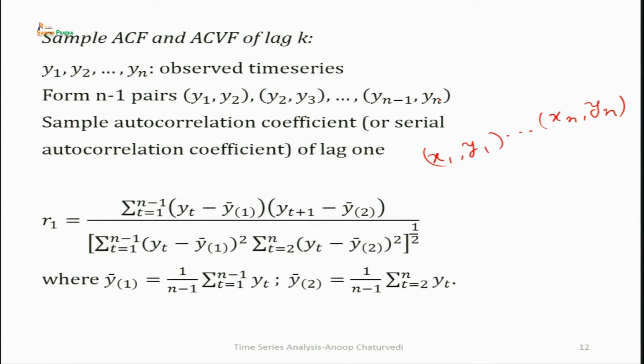So, you simply use the formula for correlation coefficient. You get this formula R1 equal to this quantity. Here y1 bar is the mean of the first n minus 1 observations, and y2 bar is the mean of observations from t equal to 2 to n.